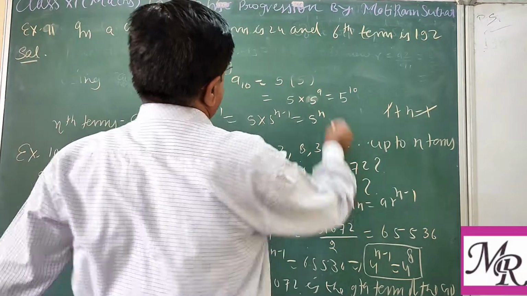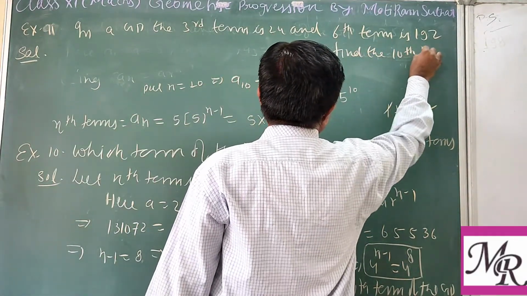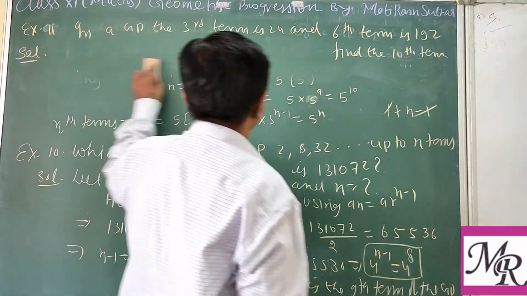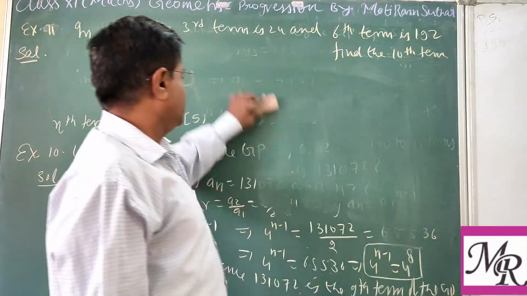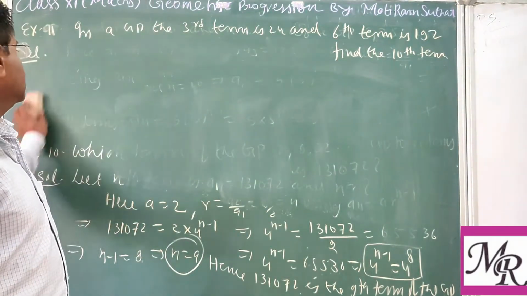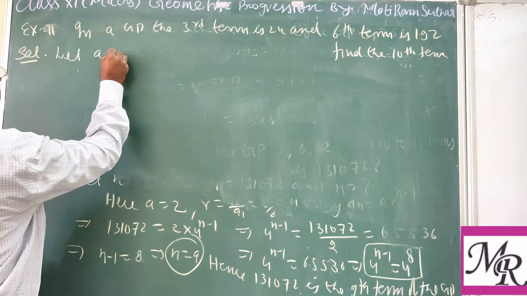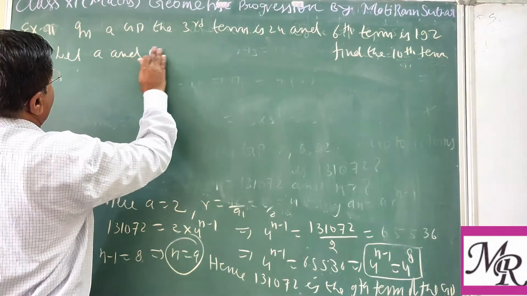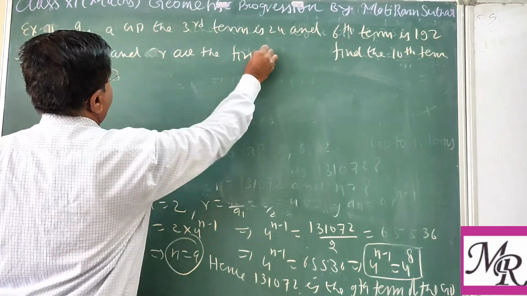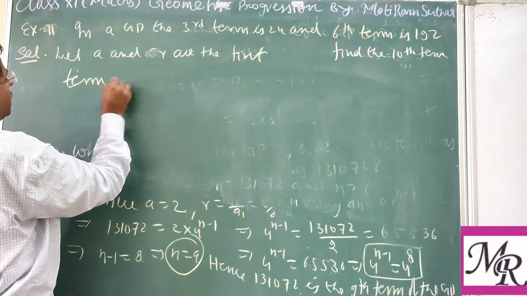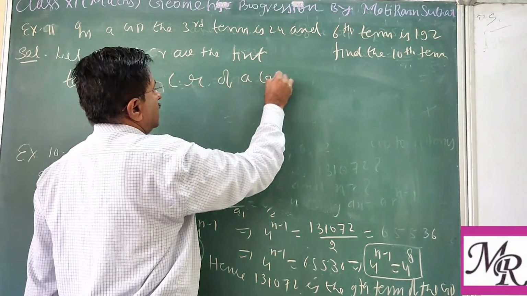Find the 10th term. You have to find the 10th term. For such type of cases, when we are given any two terms of a GP, you have to consider the first term and common ratio. So let A and R be the first term and common ratio of a GP.